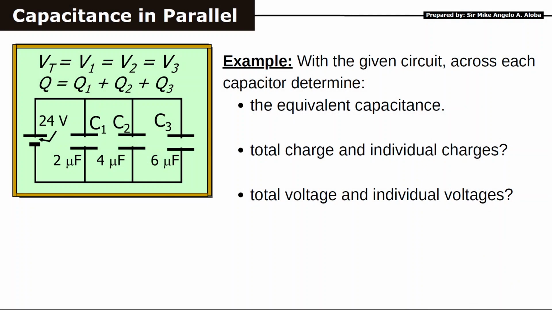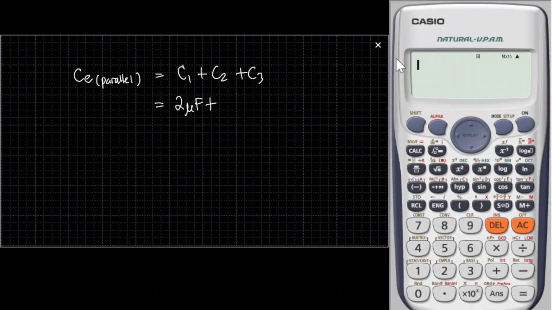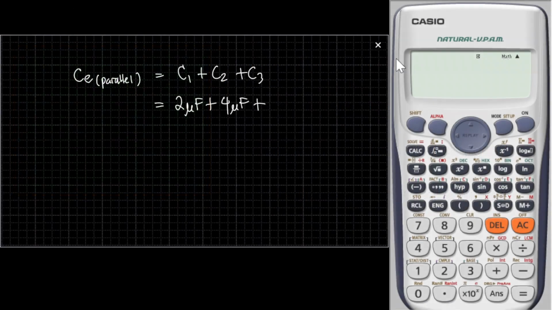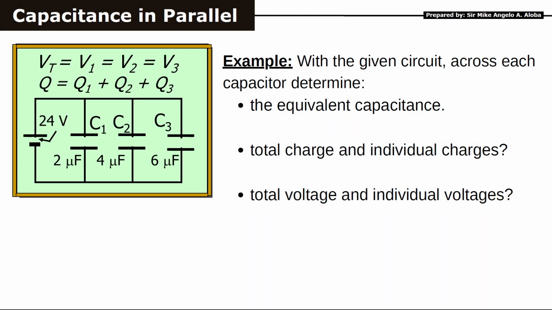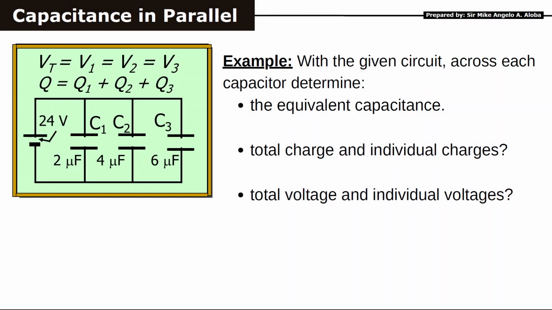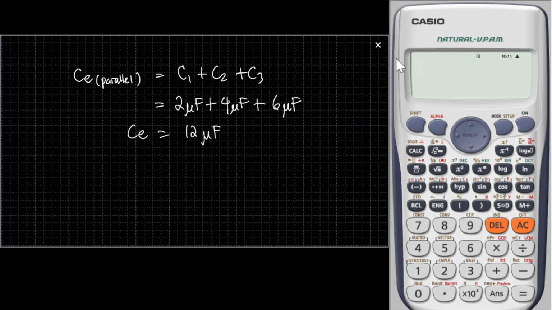So, C1 is 2 microfarad plus 4 microfarad plus C3, which is 6 microfarad, and that is just equal to what? 6 plus 4 is 10, plus 2, 12. So, 12 microfarad. So, that is your equivalent capacitance sa parallel connection natin. Okay? Easy.